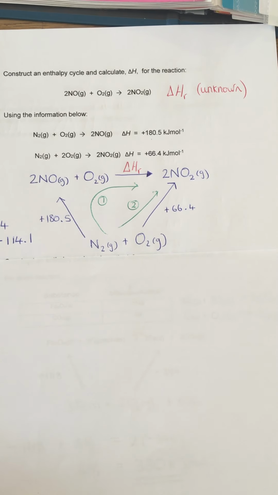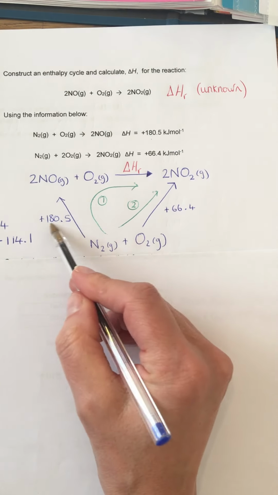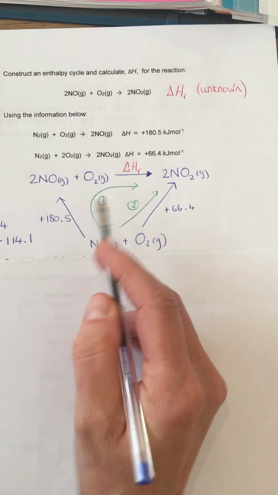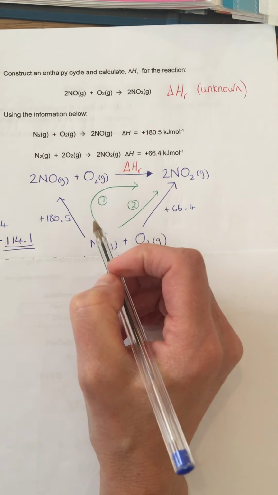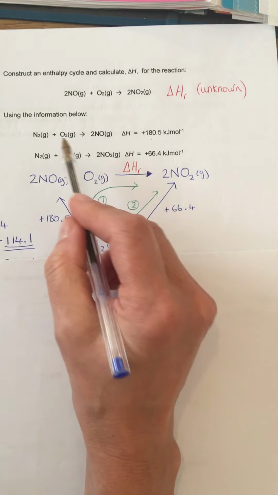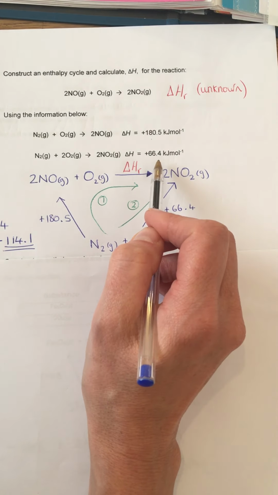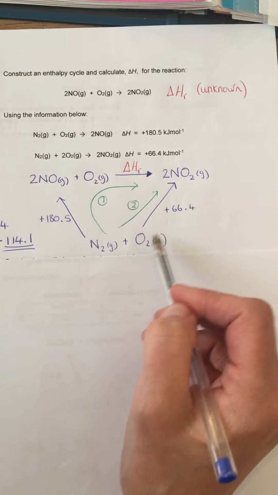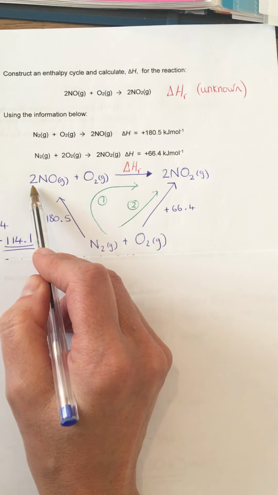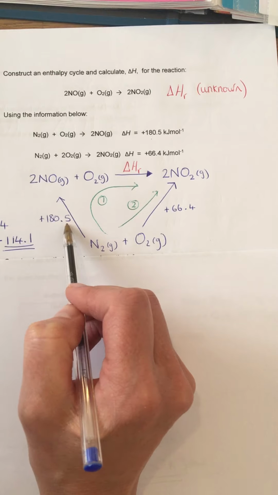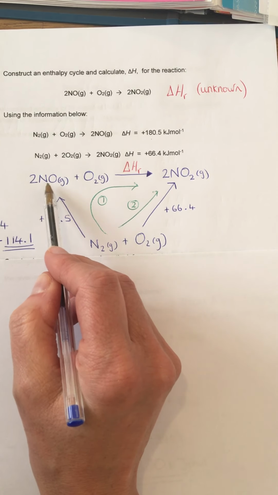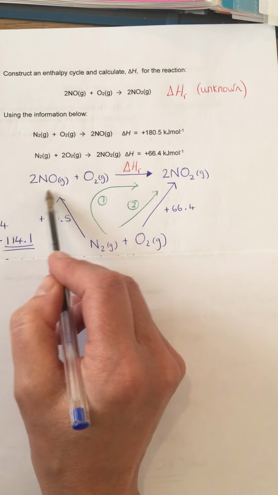Notice I didn't multiply these by anything because these values correspond to the balancing that's in this equation. So if we look at what we've got in here, that 180.5 was for producing 2 lots of NO, and that's what we're producing in here.